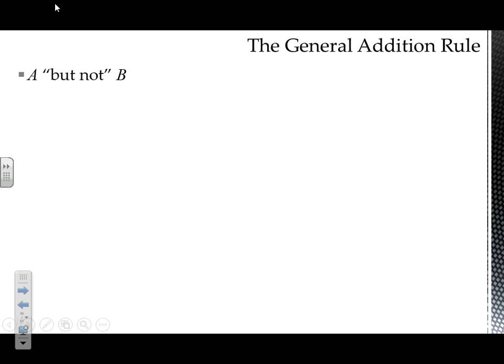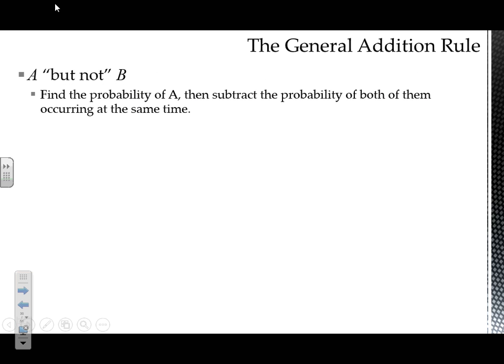Then, the next piece that we need to talk about, there are times where it might be beneficial for us to know what the probability of one but not the other event would occur. So the probability that event A but not event B would happen. So when we look at that example, what's the probability that A but not B happens?